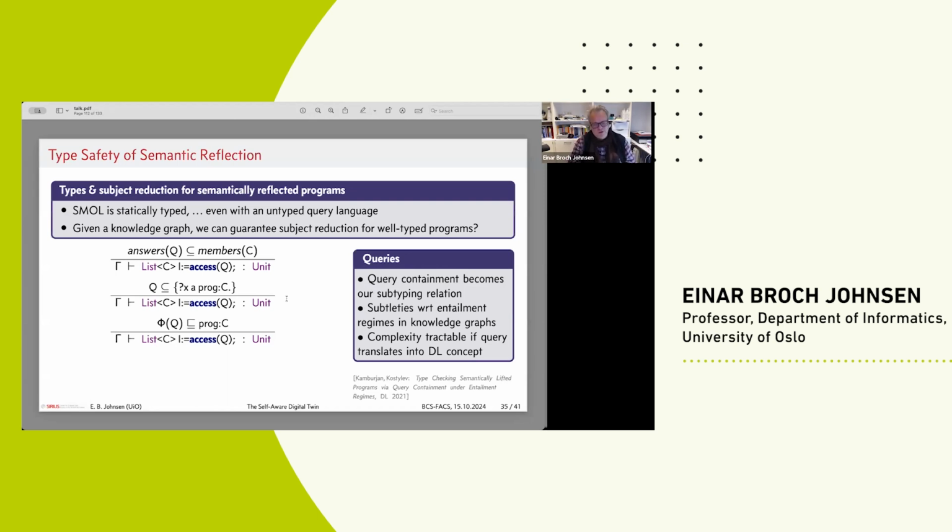But what we do have is an algorithm for deciding if the instances of a particular concept are a subset of the instances of a different concept. So what we are doing instead is constructing or approximating the possible answers to Q as a set of individuals, and we check if this set of individuals is contained in the set of individuals of the concept of being in class C in the program.